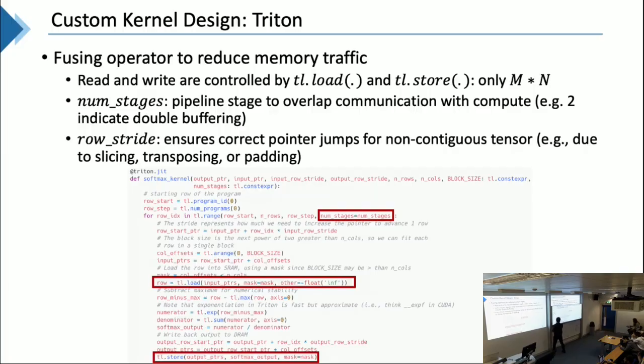When you load the data from the first buffer into your compute core, you can also use the second buffer to load the data from the global memory. That means you can overlap the compute with your data transfer. So this is the number of stages, and it actually enables double buffering.